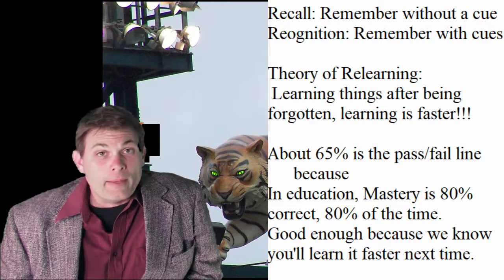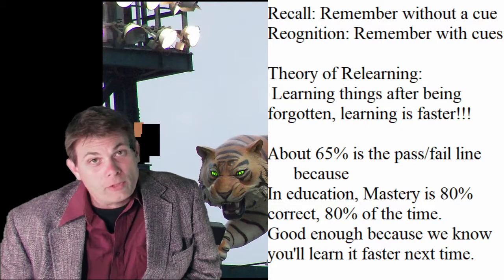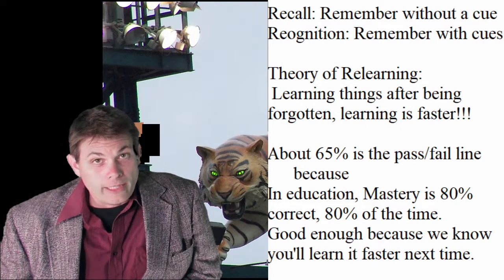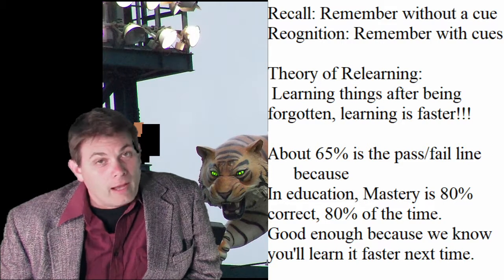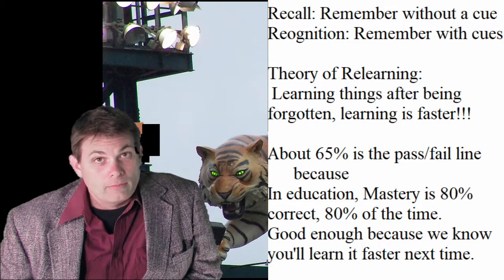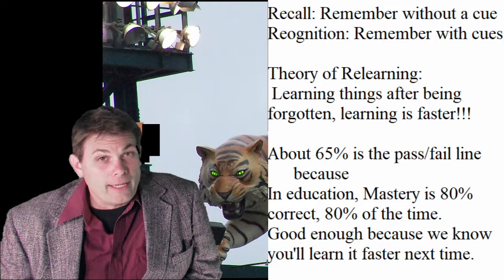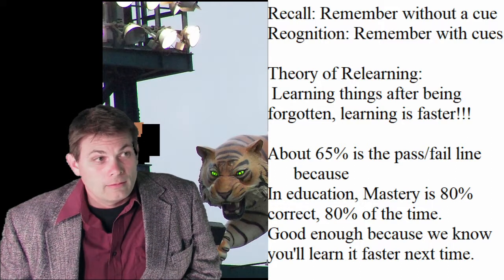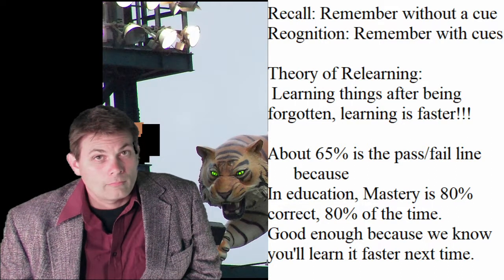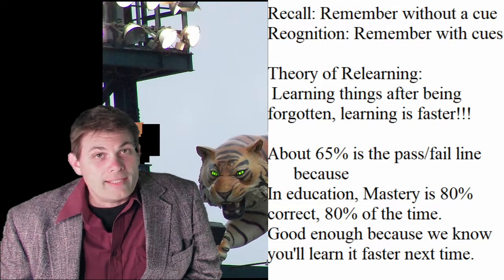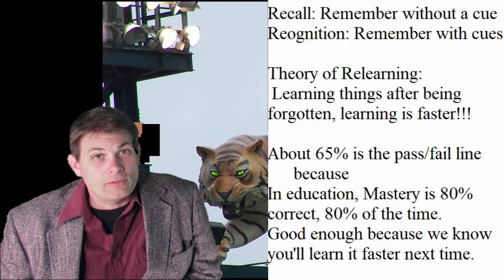In terms of remembering things, we have 2 major ways of doing it. The first is called recall, which is when you can think of something on the spot without any cues. That would be, for example, a fill-in-the-blank test. Or, what was that guy's name? You have to recall it without any clues.